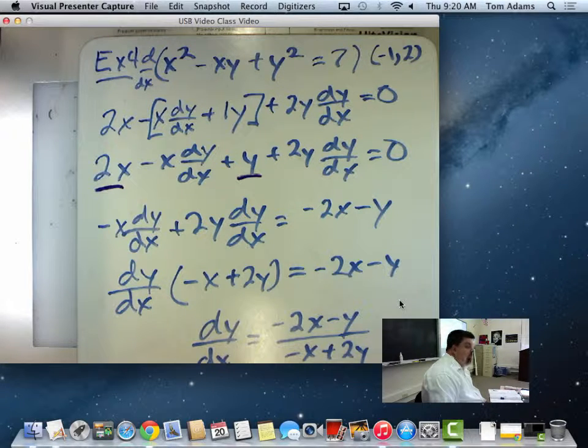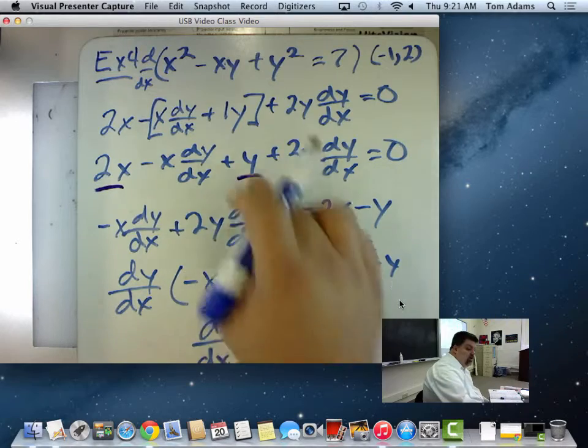And so the way that I find the slope of the tangent line is I have to plug in those x and y values here. The only thing is I think I made a mistake on the 2x. Did I write it down correctly? Wait, isn't it 2y?